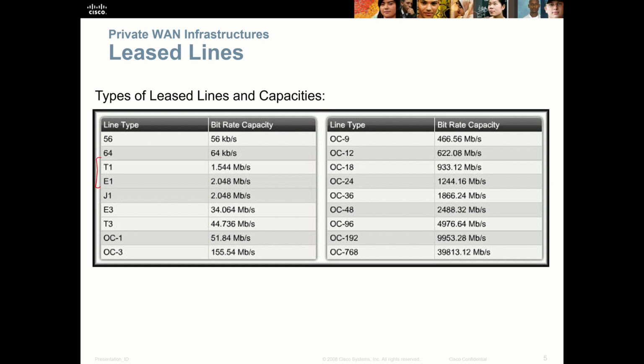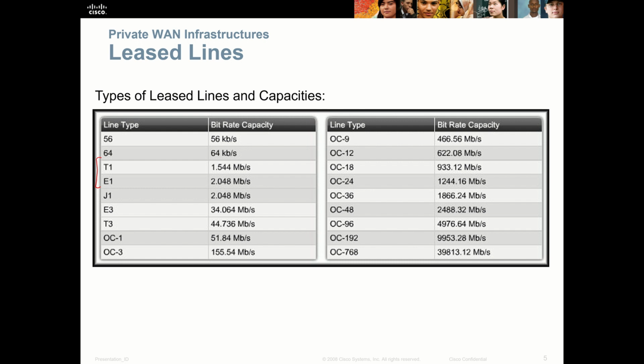T1 and E1 are the usual lines used for dedicated or leased line connection, while 56 and 64 are modem connection speeds. Looking at the speed, T1 is 1.544 megabits per second, and for E3 and T3, 34 megabits per second and 44 megabits per second.